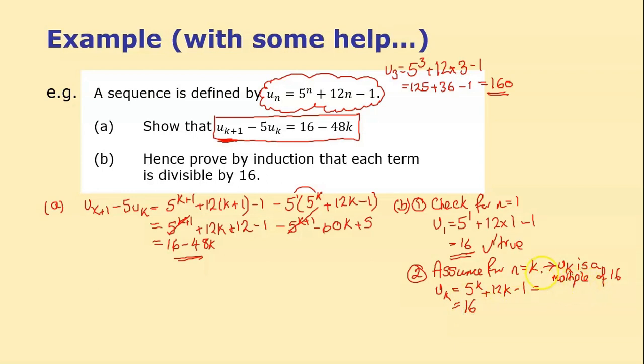And since it's a multiple, I'd normally use n or k to be honest, but I'm going to say 16m. So I'm saying u_k is equal to 16m, where m is an integer. Now, there's lots of quicker ways of writing that. And that's basically what we do. Now, that's the first two steps. So we now need to do the next two steps.